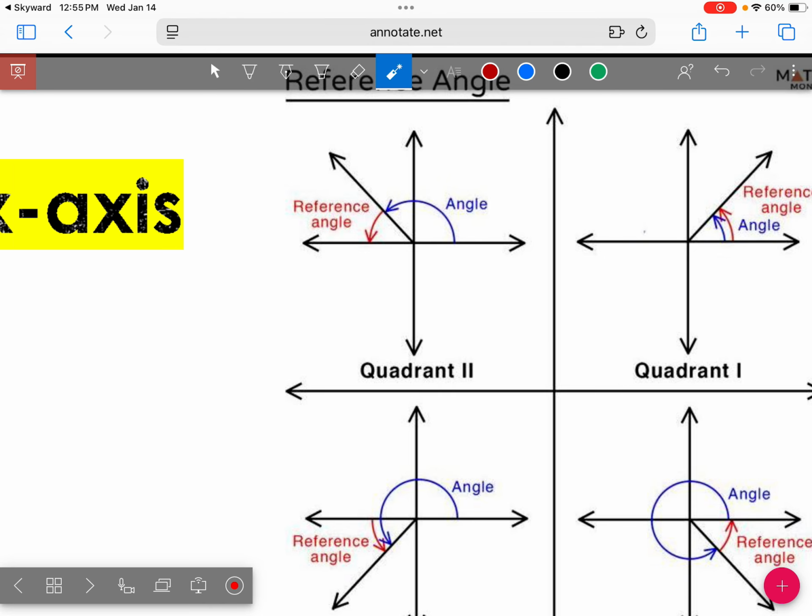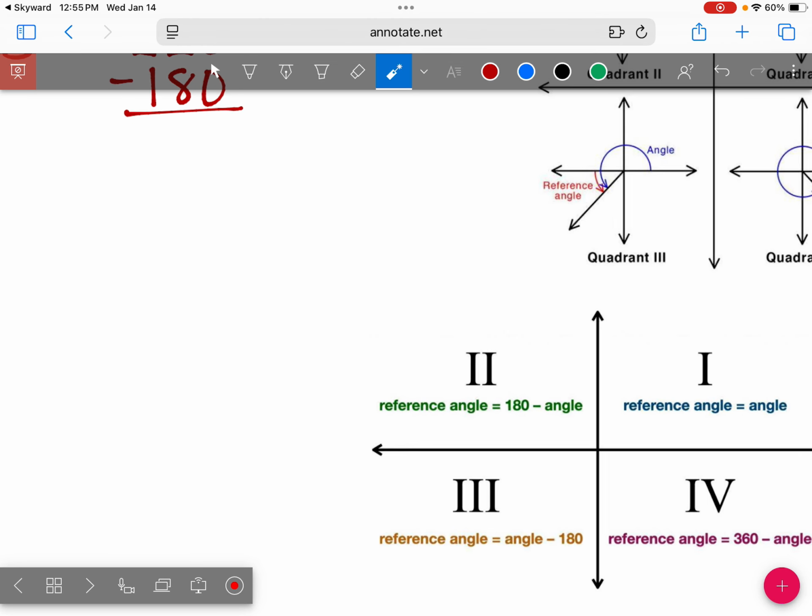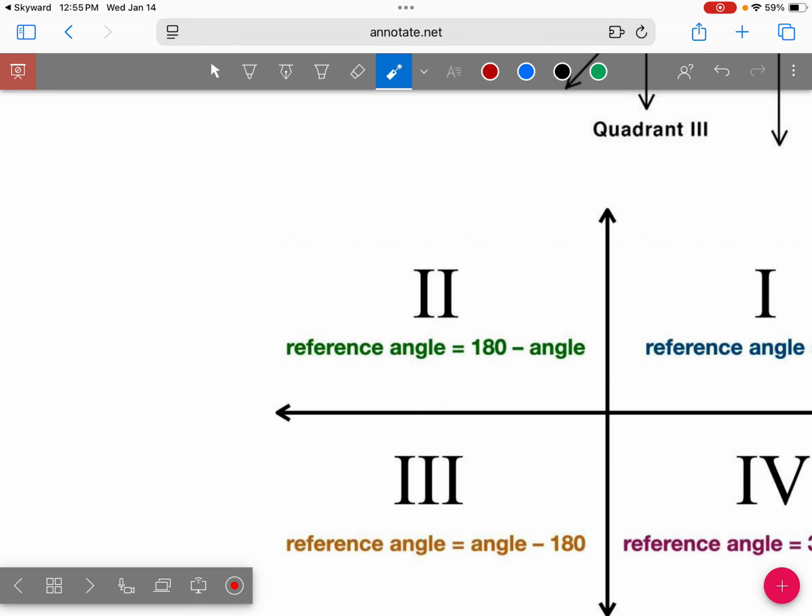All right, so that means I just need to figure out how much further do I need to go to get to the x-axis. So the formula that we're going to use, looking at your second cutout, notice it says in quadrant 2, you take 180 minus the angle.